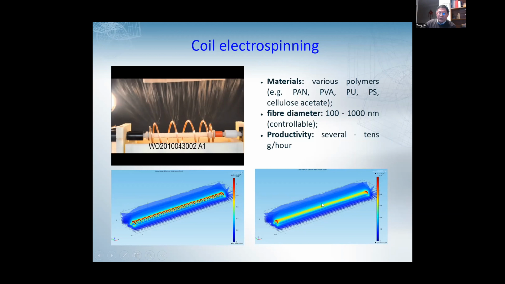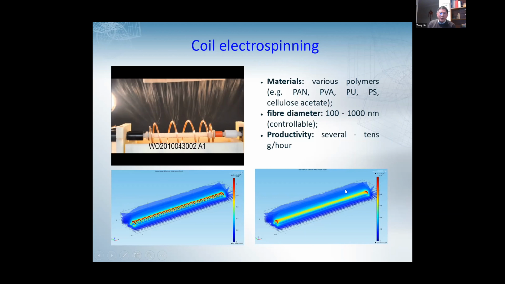The middle area is low. If the cylinder is long, the voltage in the middle area is very low. It cannot generate fiber from the middle area. But the two end areas have a higher production rate, which causes uneven distribution.